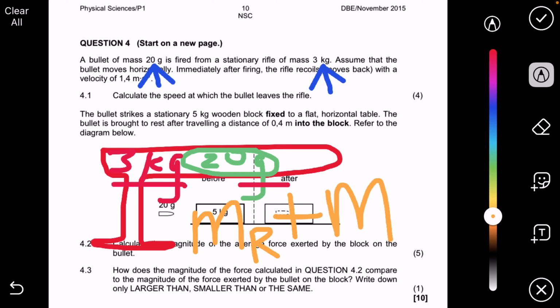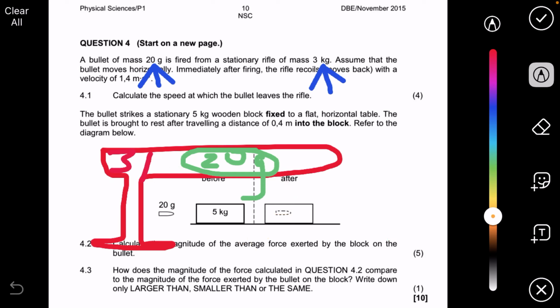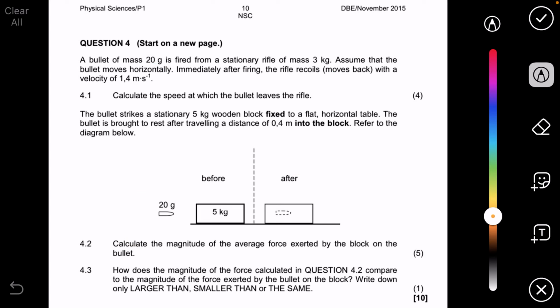Okay, so ladies and gentlemen, I think with regards to the velocity and the mass, I've explained all that you need to understand. Most importantly, they're saying assume that the bullet moves horizontally. What I like about that statement is that if it moves horizontally, it means somehow you might find that those equations of motion might also be applicable.